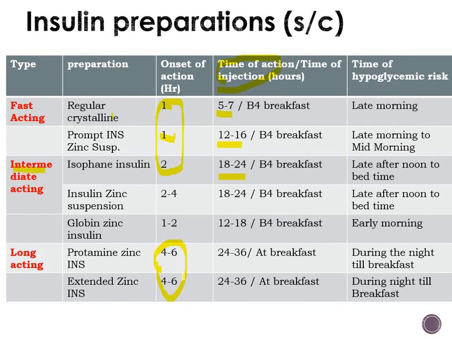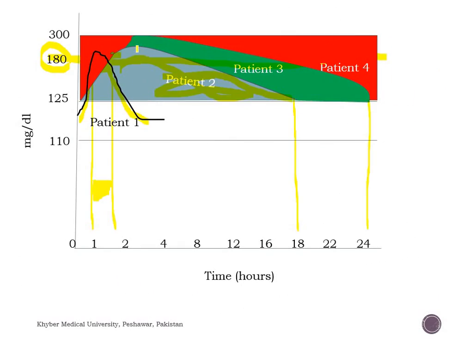But look at the onset of action of long acting insulin, that is for 4 to 6 hours. So for that you have to cover this initial 4-6 hours where the onset of action is. If I draw it for you, this is patient 3 now, this green line, and usually after 2 hours this reaches the kidney threshold, and then after 2 hours till this mid of 2 and 4, this 3 hours, for next 1 hour the glucose will start appearing in urine.